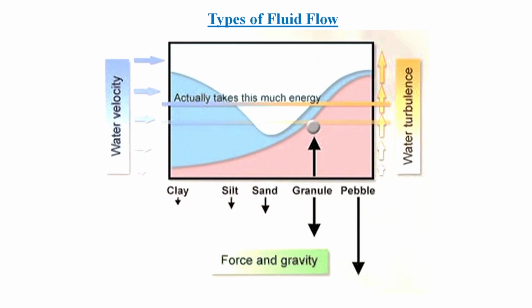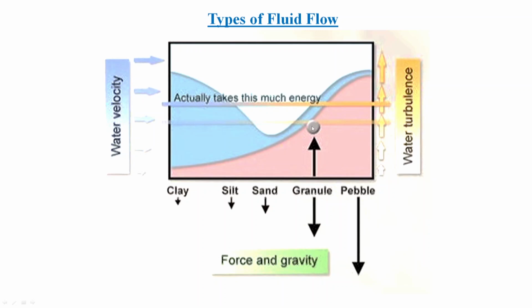Similarly, if I talk about granule, here again first you have to lift the granule up to a certain level like this, where you need relatively less turbulence in comparison to the pebble, but still you need a certain amount of turbulence in your stream. This turbulence will overcome the force of gravity exerted on the granule.